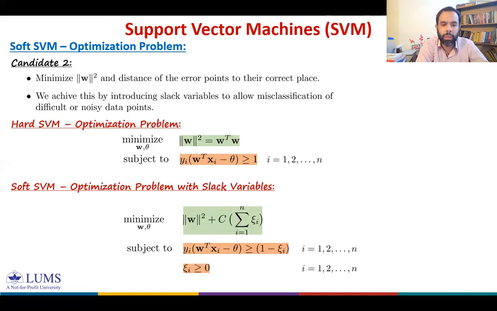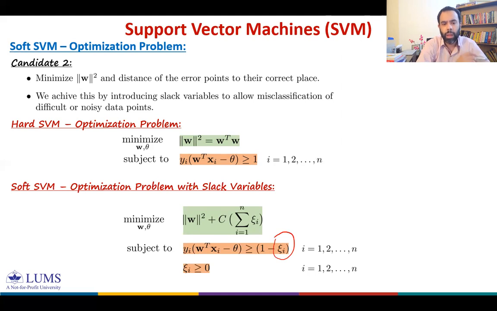So that's how we formulate the optimization problem for soft SVM. If you compare these two, there are two changes here. Let me start with these constraints. The only difference is I have added this variable psi_i to each of the constraints.